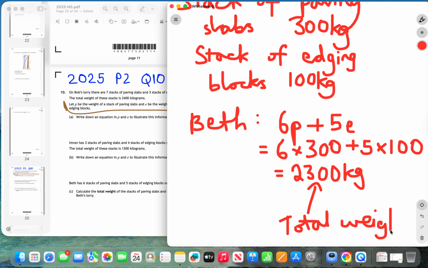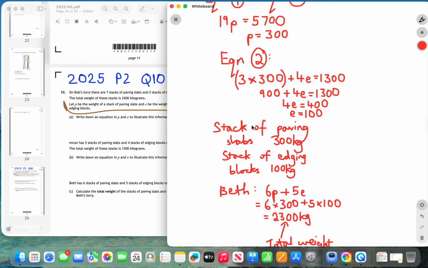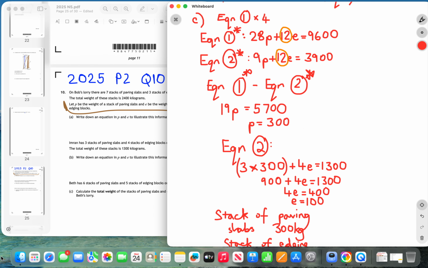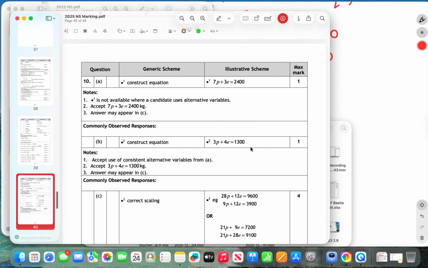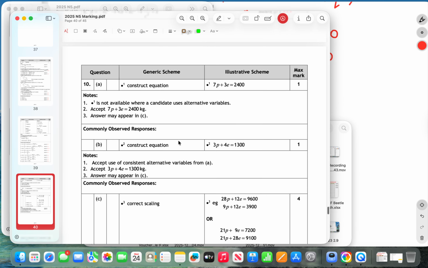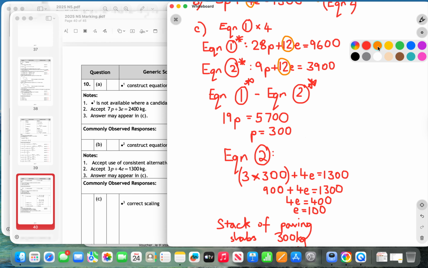We'll have a look at how the SQA gave out the points in this question. Section A and B were 1 mark each. You either got it or you didn't. This is 4 marks. The first mark would be for scaling the equations.